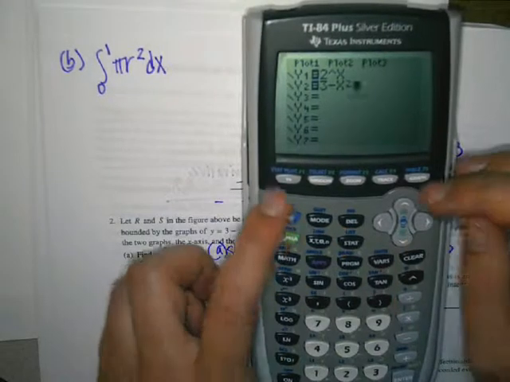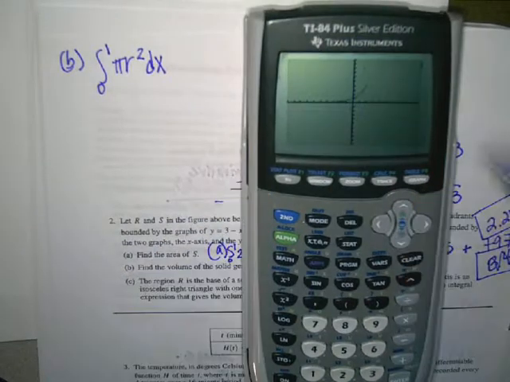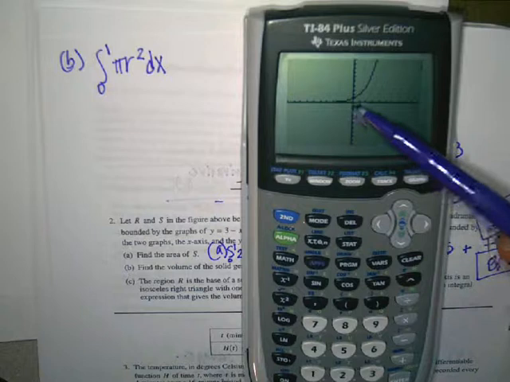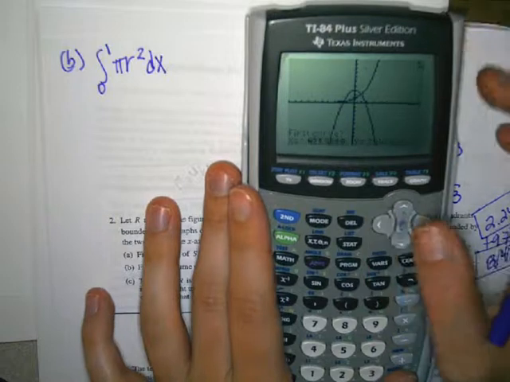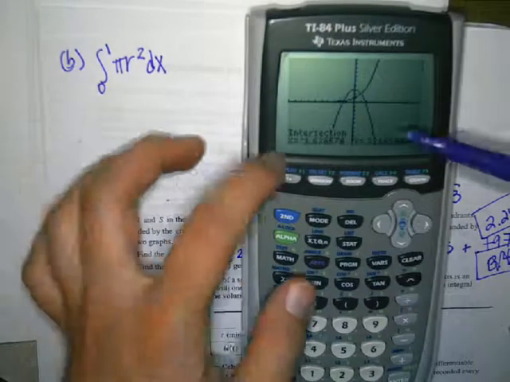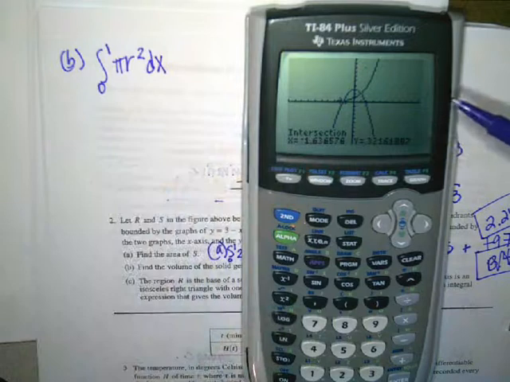So if we were to graph it again, we found the one intersection. We just need the intersection over here in the second quadrant. So when I do the intersection again, I'm just going to make sure I'm closer to that one. And so negative 1.636 is your intersection there.